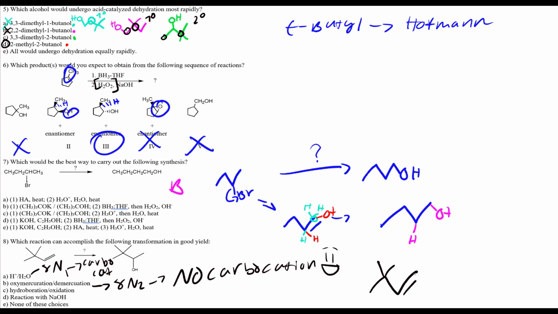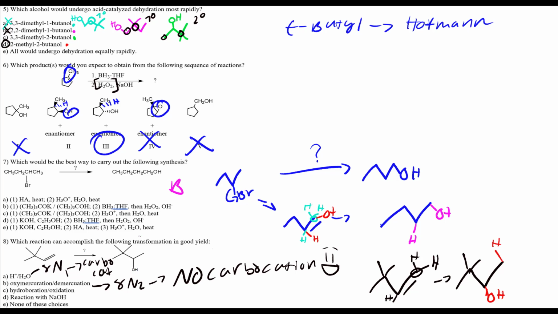Markovnikov says I'm going to put my added hydrogen on the carbon with the most hydrogens, right? Well, this has 2 hydrogens over here, and this has 1 hydrogen. So my added hydrogen is going to be added over here. So here's my added hydrogen. And then we're going to add an alcohol right there, which looks pretty good. There was no carbocation rearrangement. We got what we wanted.